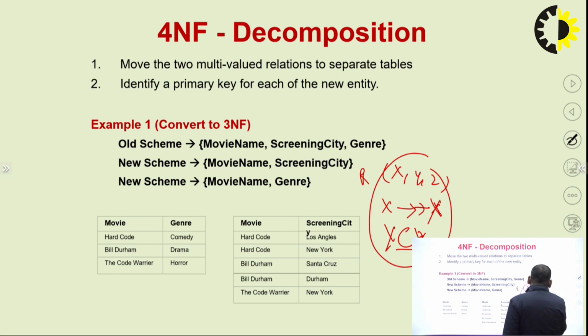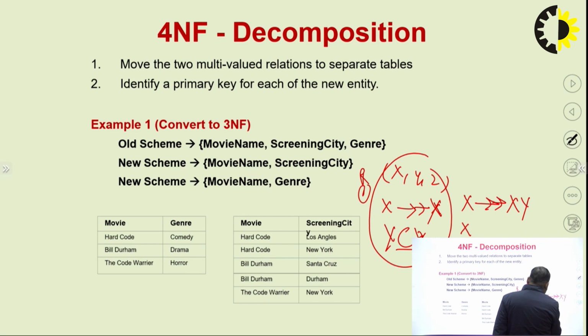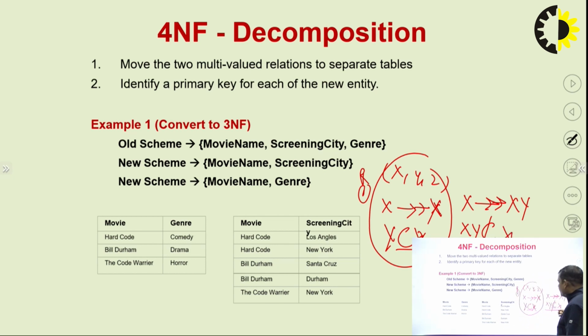The second condition is X multi-value determines X, Y, or XY does not belong to X. This condition must be a non-trivial functional dependency.